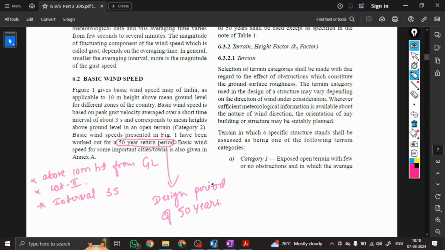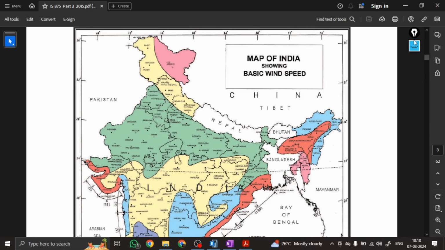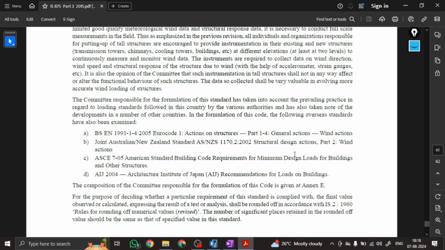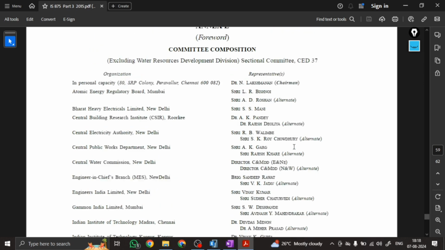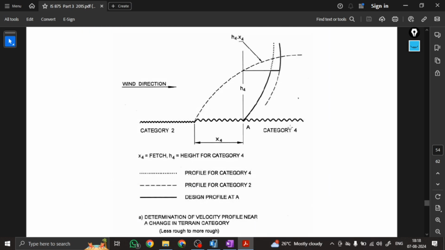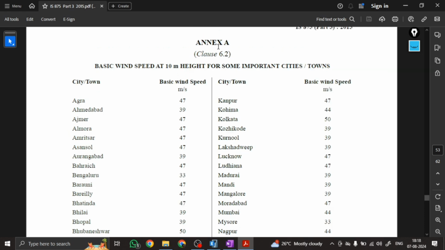Okay, let's go to Annex A. This is Annex A. Basic wind speed at 10 meter height for some important cities and towns.